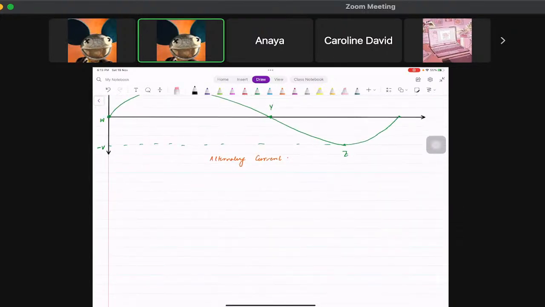So the next thing is a transformer, and let's draw the design first.